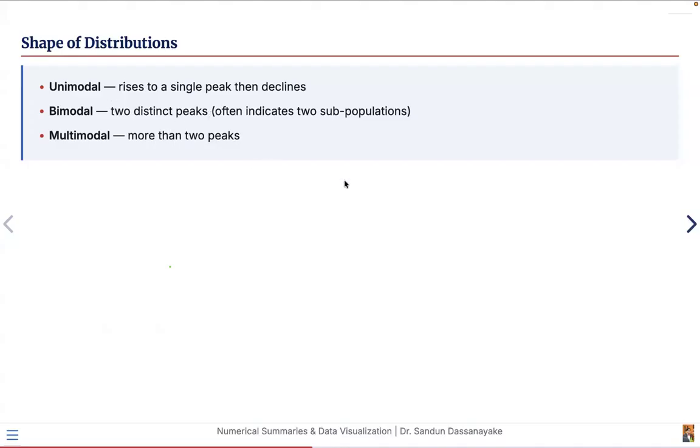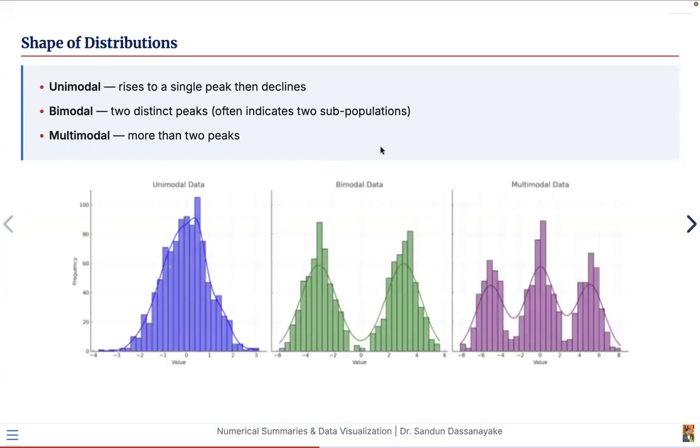If you look at the first year engineering scores at University of Moratuwa, you sometimes see a multimodal distribution, with three or more peaks because you have a certain segregation. That's what subpopulations means. Let me show you the distributions.